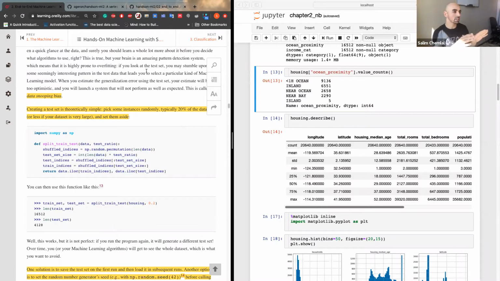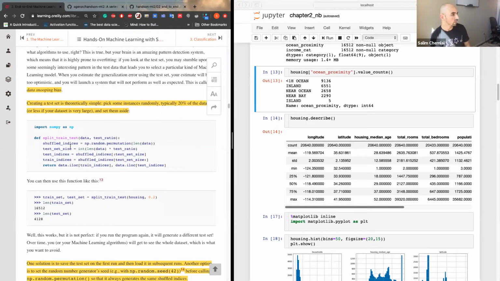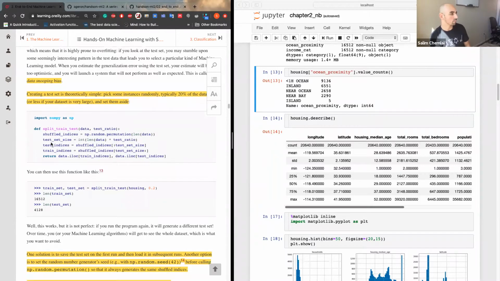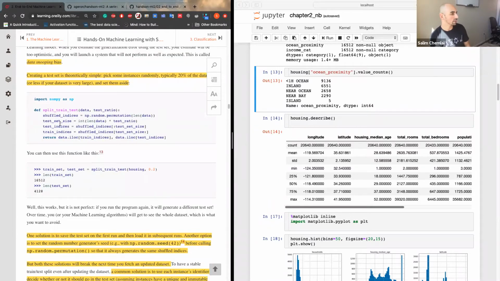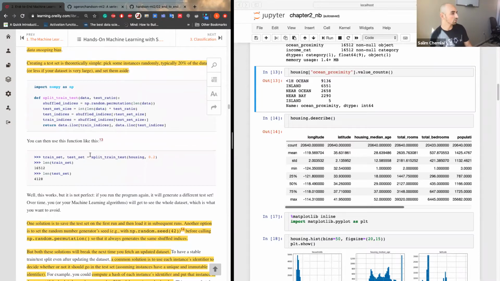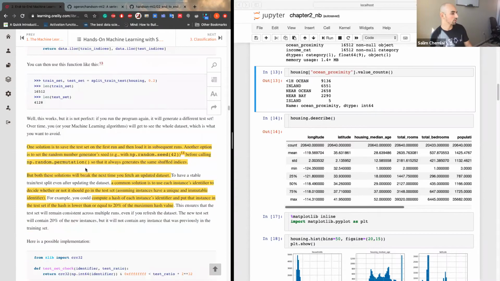The training set is, for instance, 80%, and the test set is 20%. Here he uses a function that he wrote, which is very similar to the scikit-learn split function.